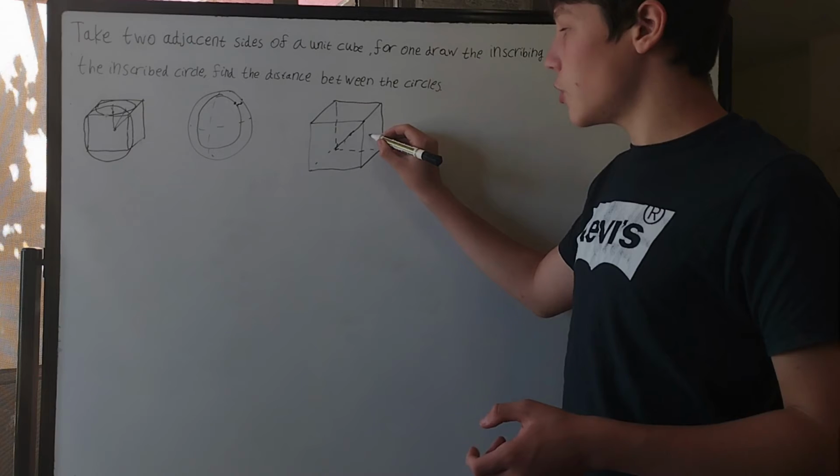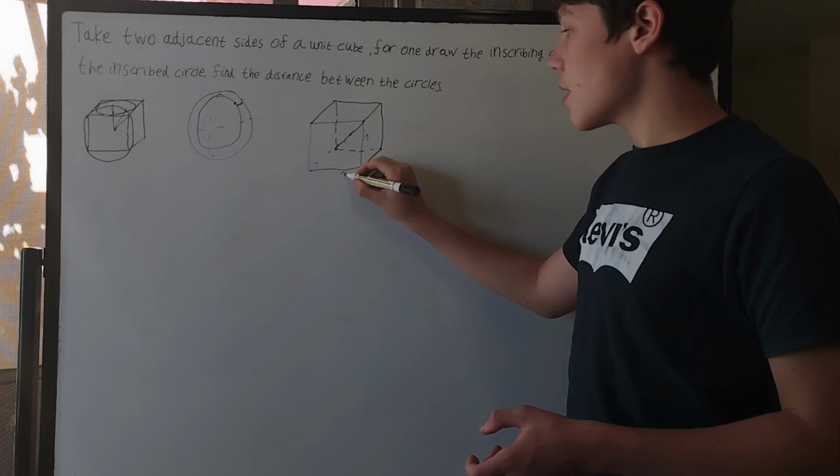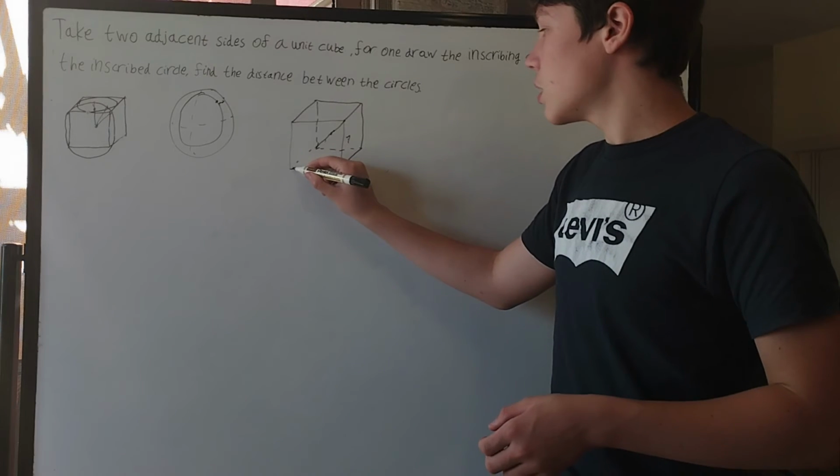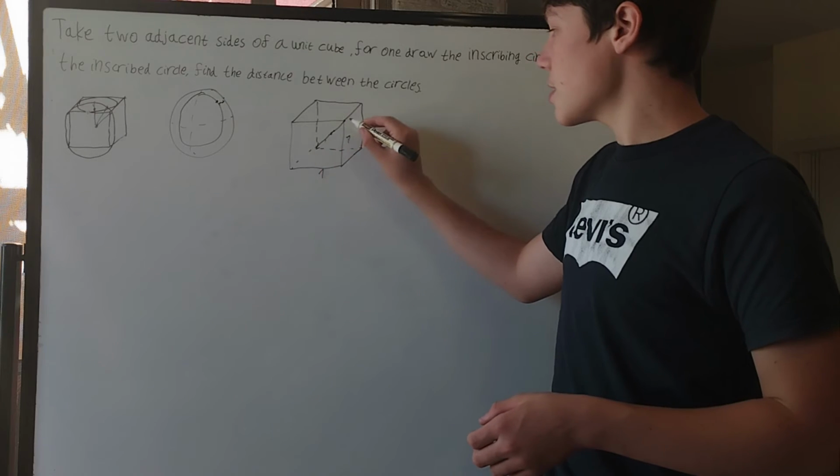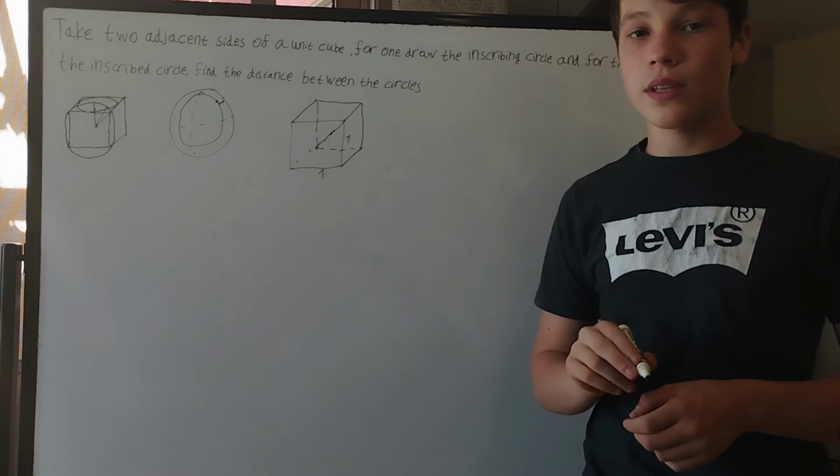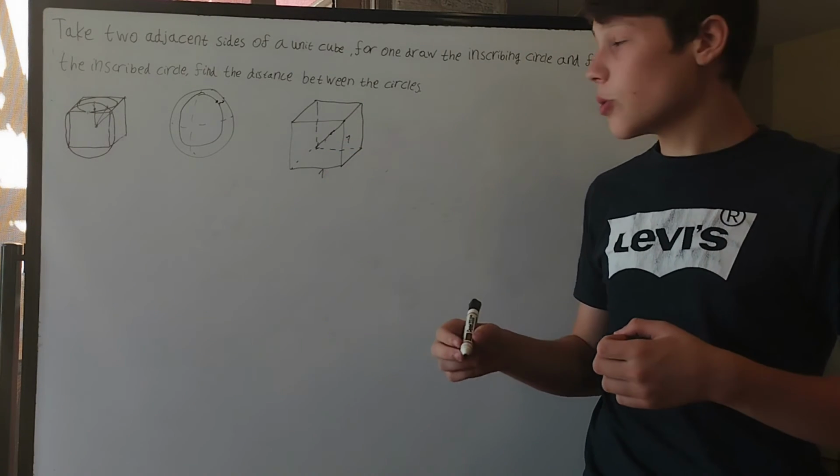But the length of the main diagonal we can easily figure out, right? We know it's a unit cube, so this distance is 1, and this distance is 1, which makes the length of the diagonal of this face square root of 2.